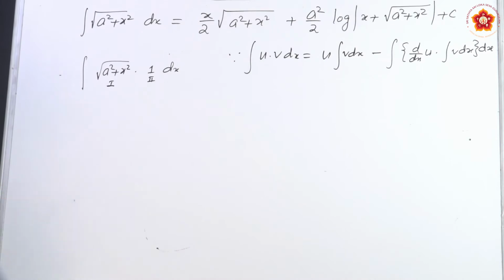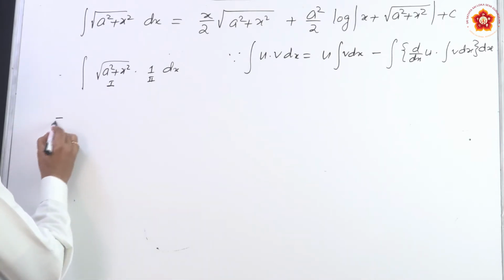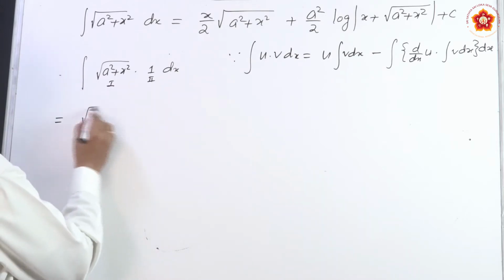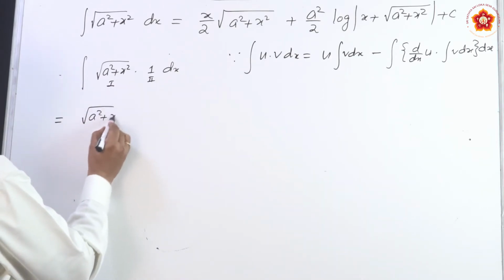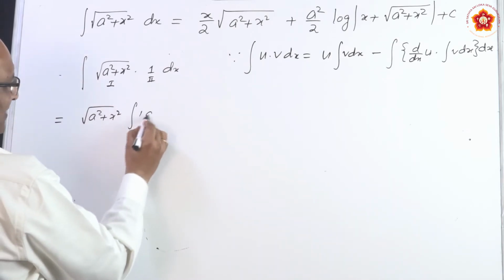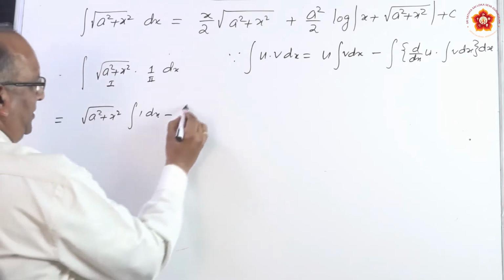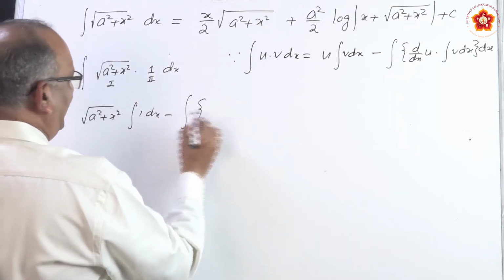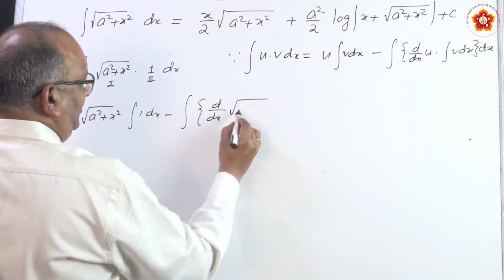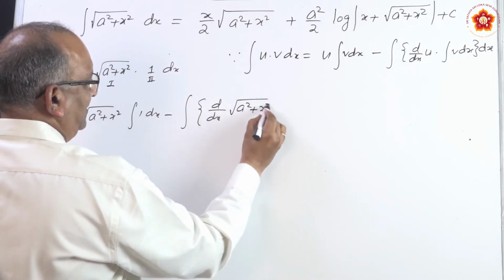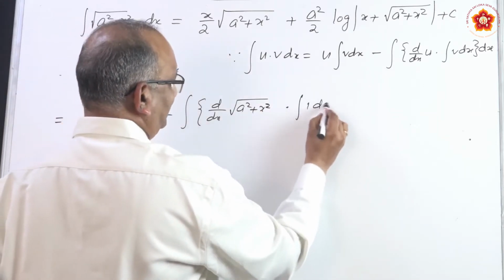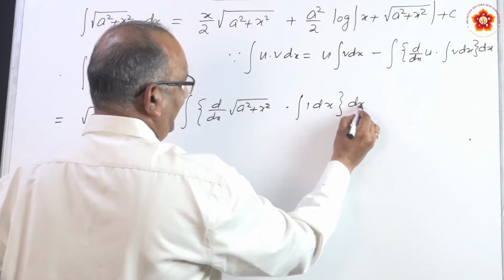So this integral will be equal to u, which is under root of a square plus x square, times the integral of v dx, meaning the integral of 1 dx, minus the integral of d by dx of under root of a square plus x square into the integral of 1 dx, whole integral.